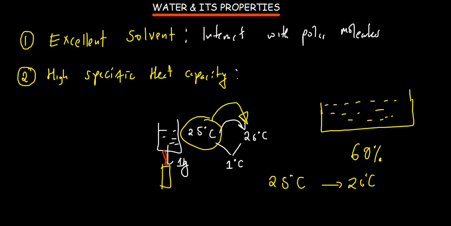And maintaining a constant internal environment, we call that homeostasis. So this property of high specific heat capacity is important for homeostasis. It is going to help us not to destroy the enzymes that are in our bodies. Why? Because biochemical, bio means living.